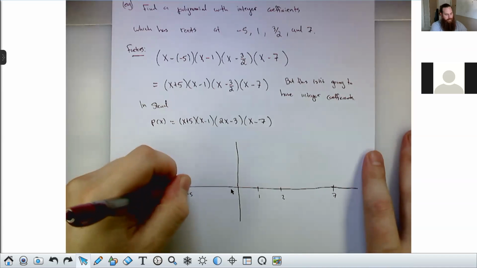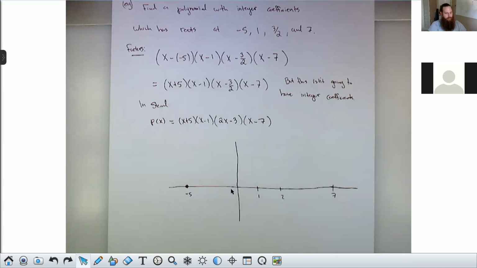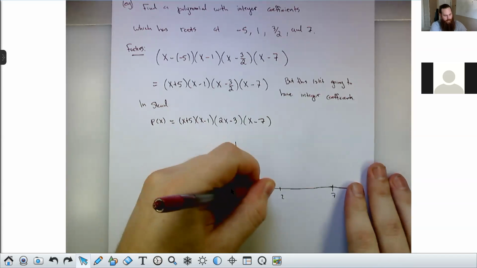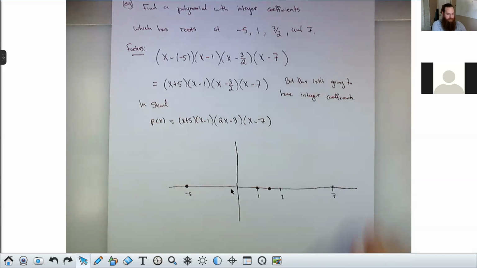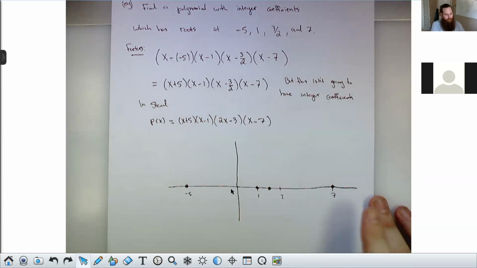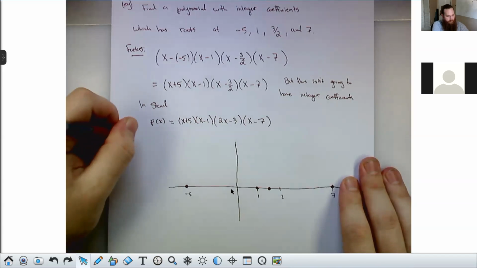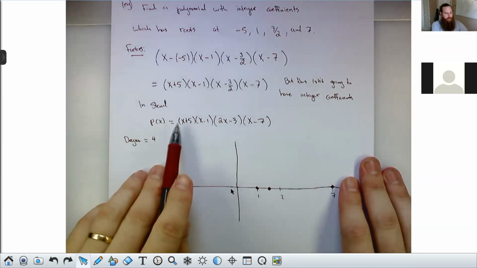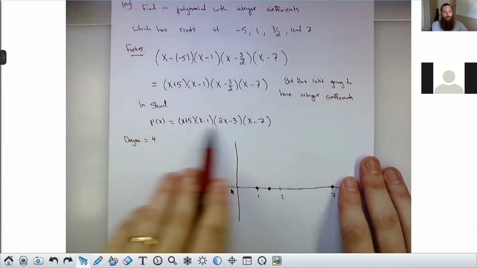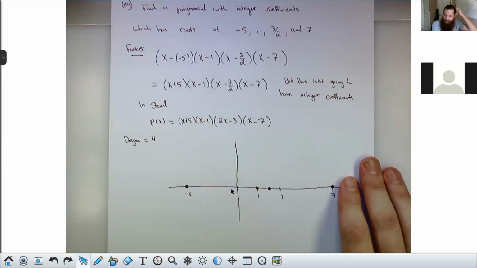I know I have x-intercepts at -5, 1, 3/2, which is 1.5, and 7. Also, I know the degree and lead coefficient. The degree is 4, because if I multiplied all this out, and that's an awful lot of foiling, I don't actually want to do that.